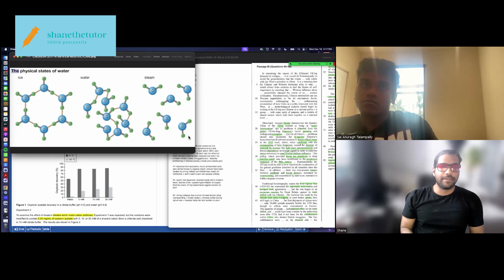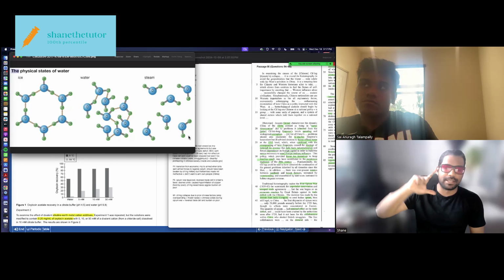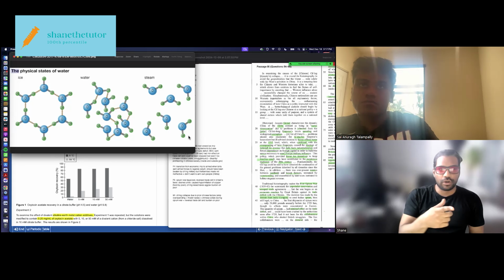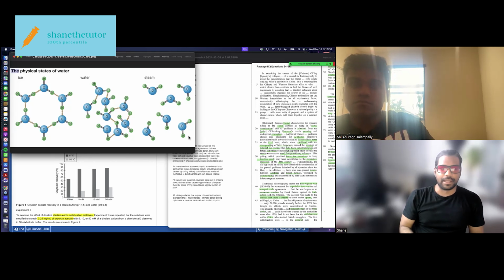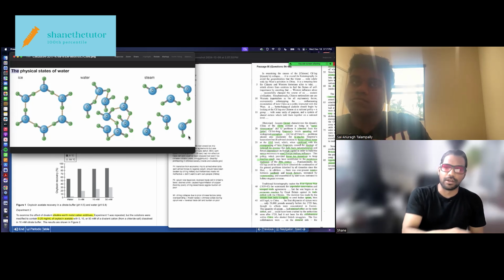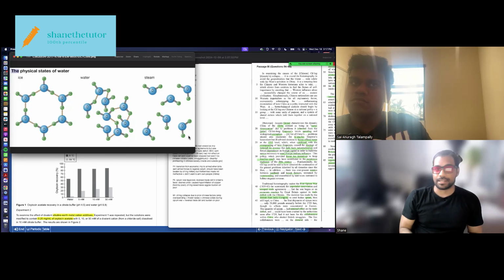But in your solid phase, because the water has that bent structure, in order for it to produce the hydrogen bonds, it has to be in this hexagonal crystal lattice, which means that you can see it's far less dense compared to liquid water in the middle.